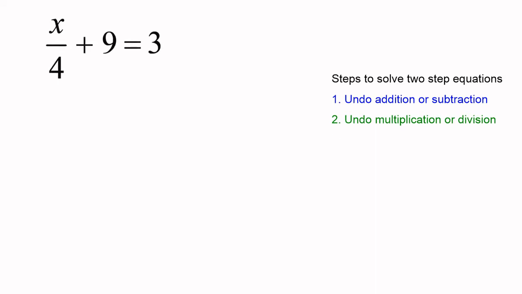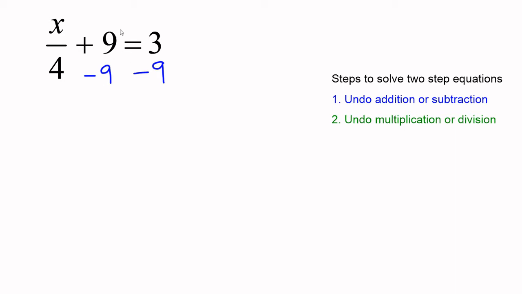Here we have x divided by 4 plus 9 equal to 3. First thing we want to undo is this positive 9. The inverse operation of positive 9 would be minus 9. So we subtract 9 on both sides of the equal sign.